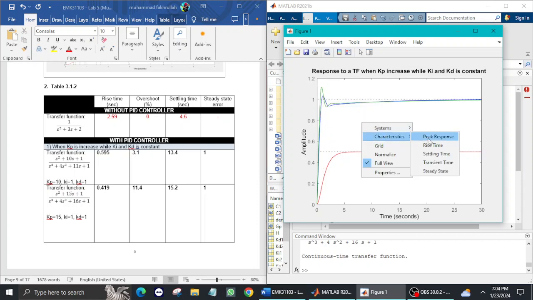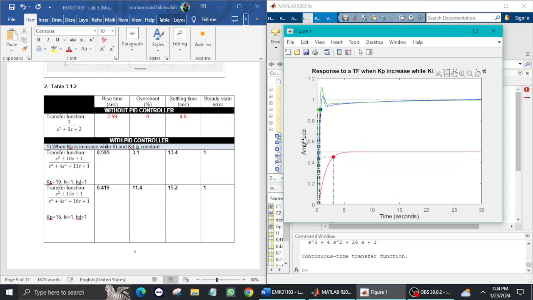After that, this is the rise time. For the rise time, when KP is 15, KI is 1 and KD is 1, I got a rise time of 0.419.